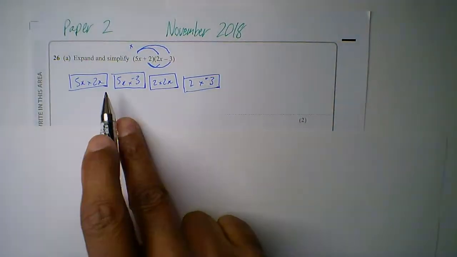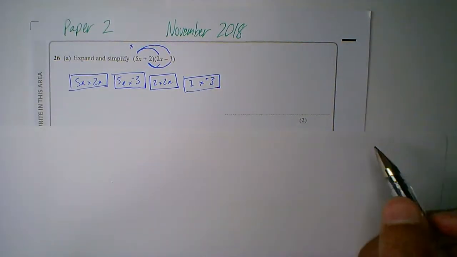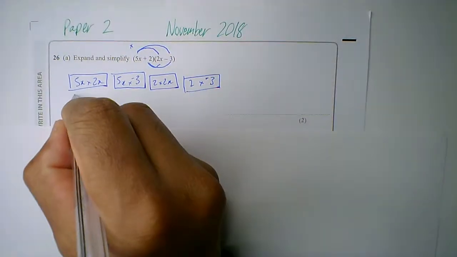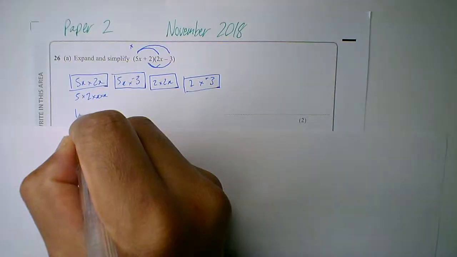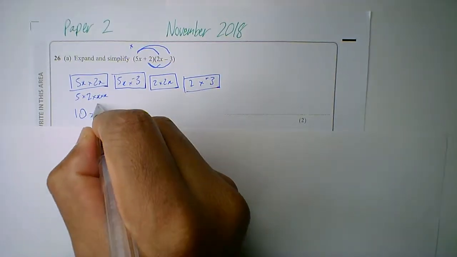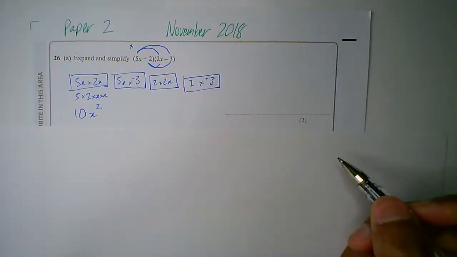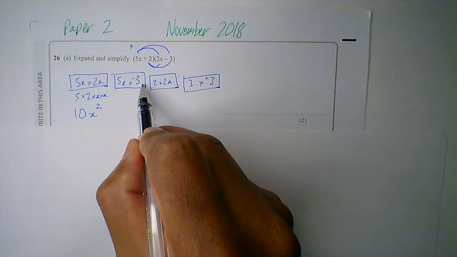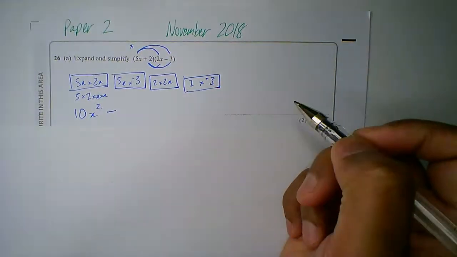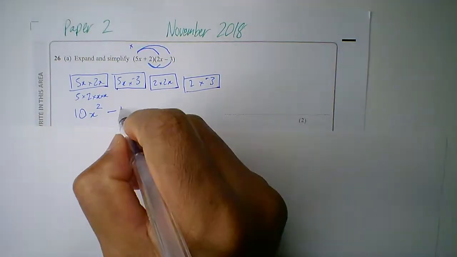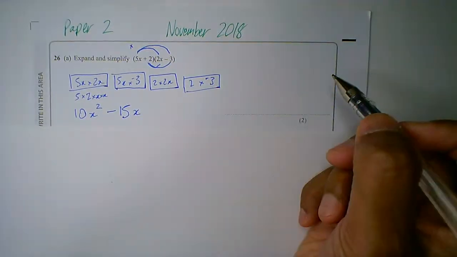Okay, so again, if you do these 4 terms, you get a method mark. 5 times 2 times x times x. 5 times 2 is 10. x times x is x squared. 5x times minus 3, so positive and a negative gives me a negative. 5 times 3 is 15, and I've got x there.